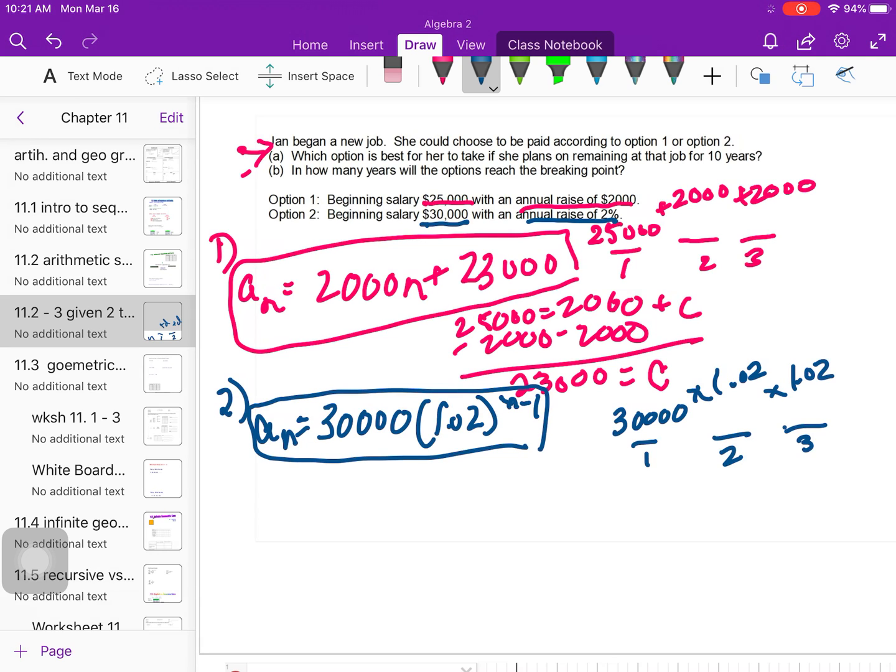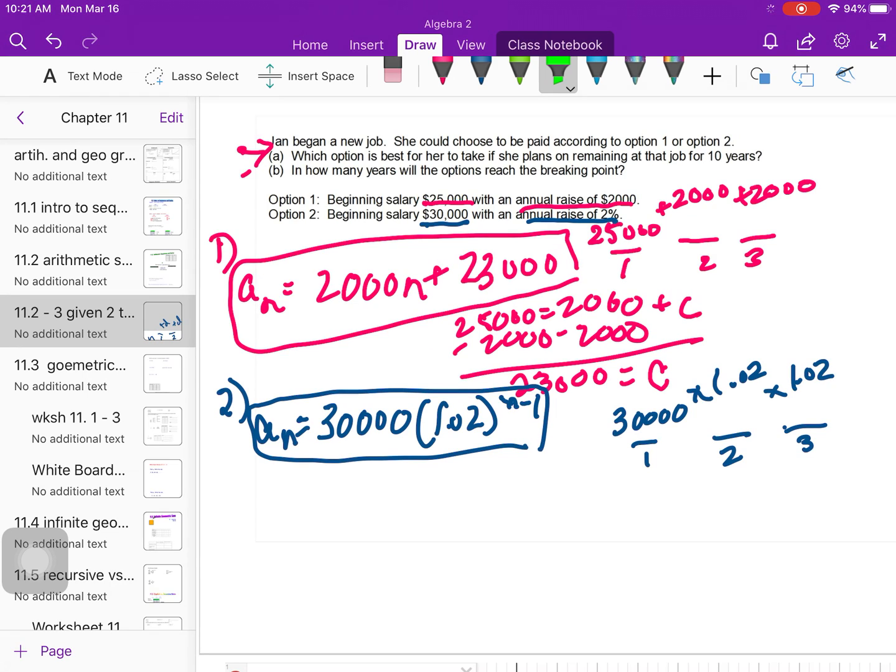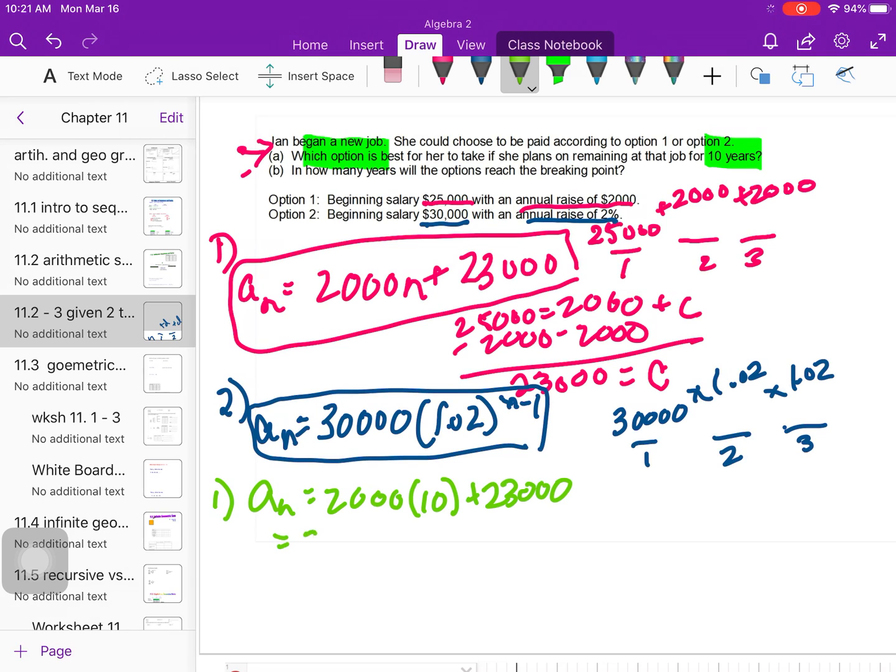So now, if we go back to the question, it's stated, which option is best for 10 years? So 10 years means I'm going to plug a 10 in the n spot. So let's look at option 1. a sub n will equal 2,000 times 10 plus 23,000. That is 20,000 plus 23,000, which is $43,000 after 10 years.